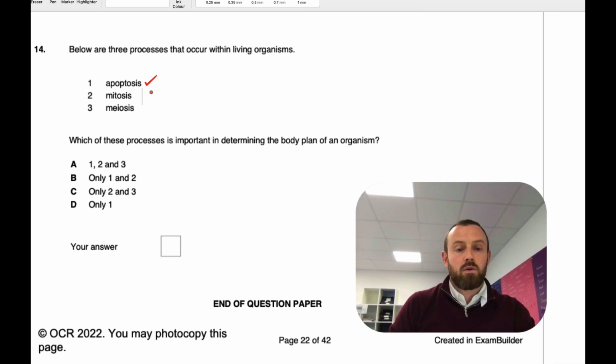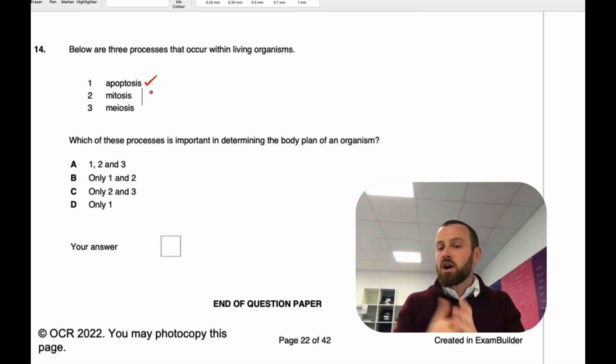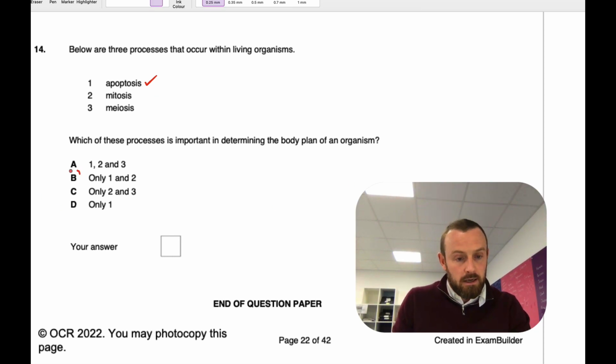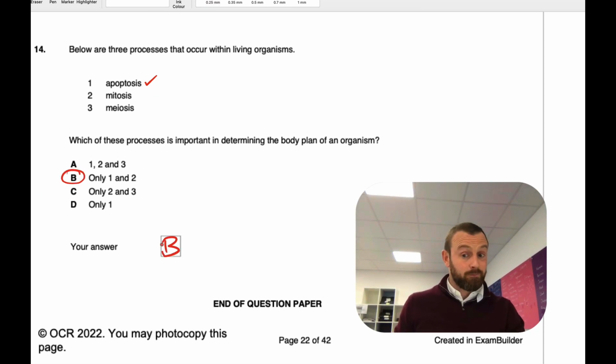And also mitosis is making new cells, so that's important to build a body. You can control the rate of growth of cells. But meiosis, not really important during the development of a body plan. That's important in reproduction. So it's 1 and 2 only. So the answer is B.